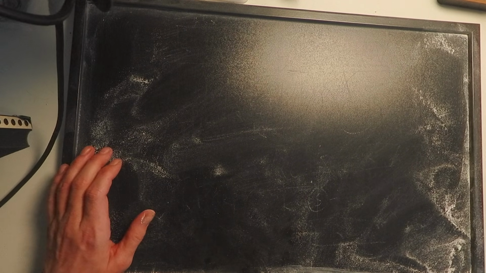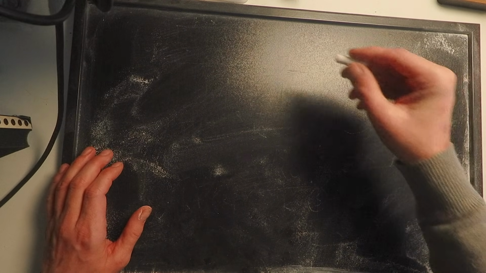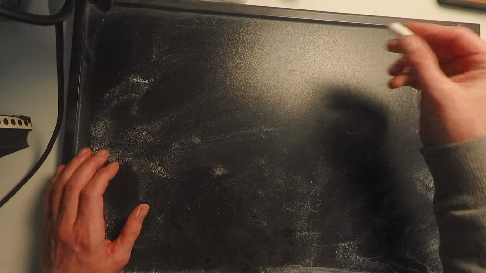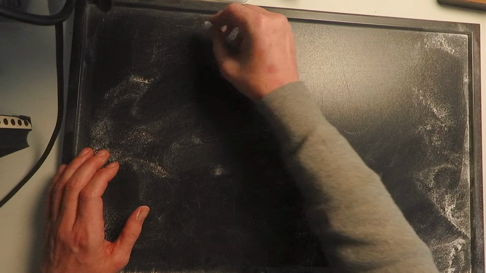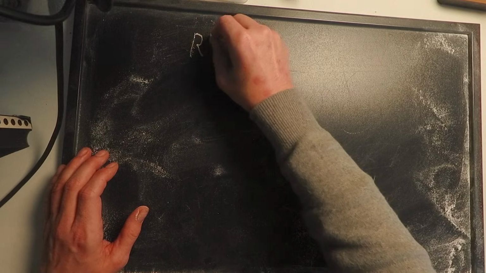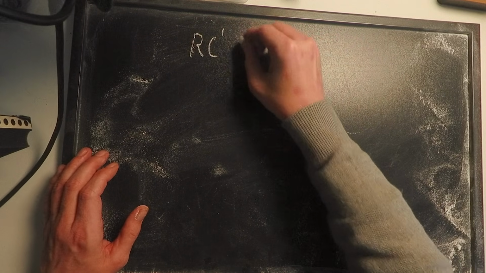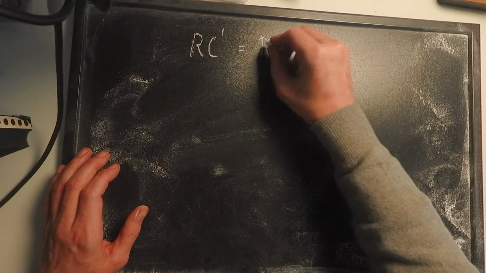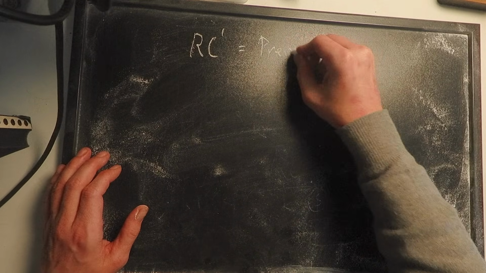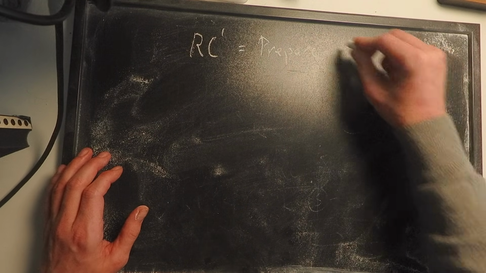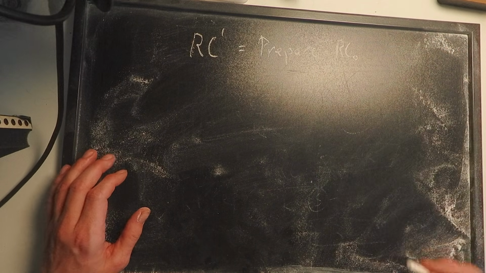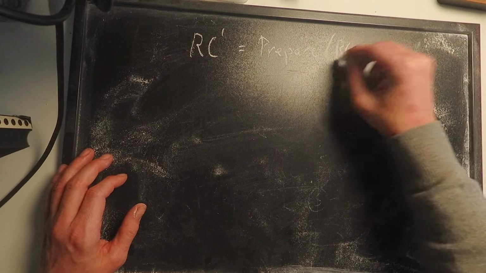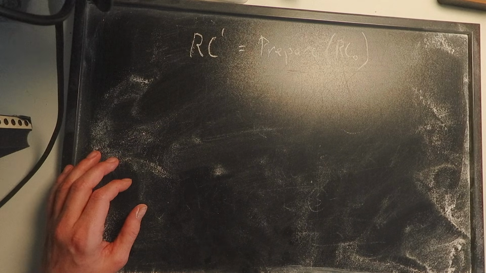So how can we describe this G function in a more structured, mathematical kind of way? Well, let's say we'd first create the RC prime, which is the prepare function of RC0 in this case. Depending on the round, it might of course be any other RC.